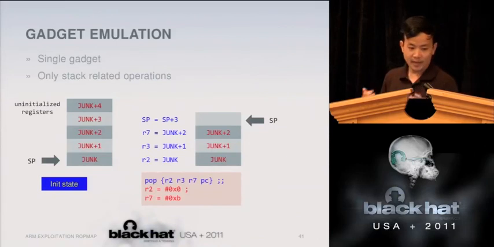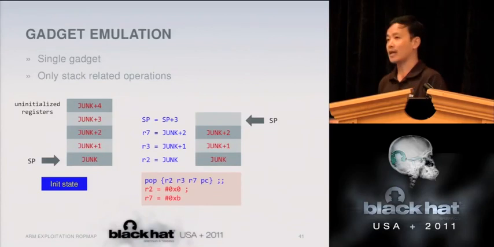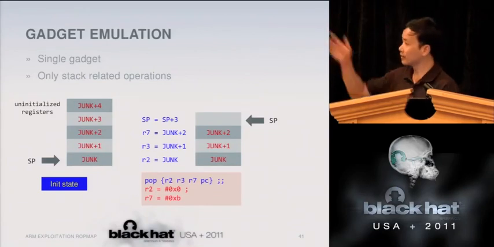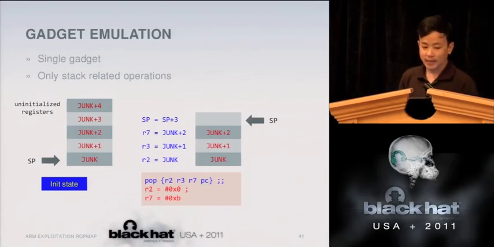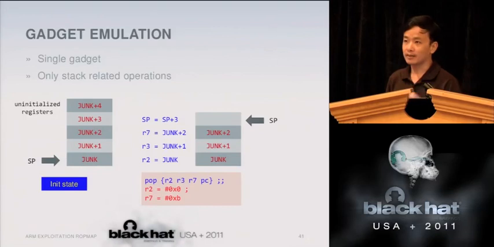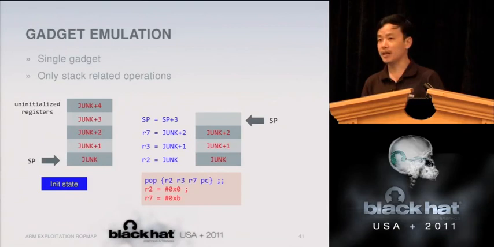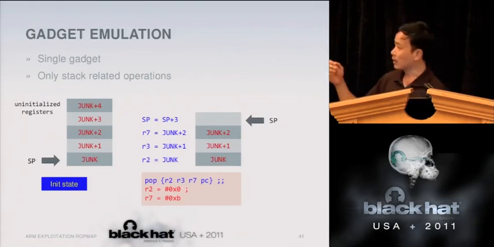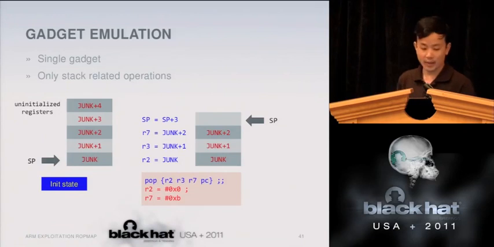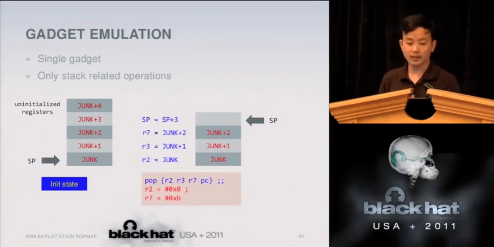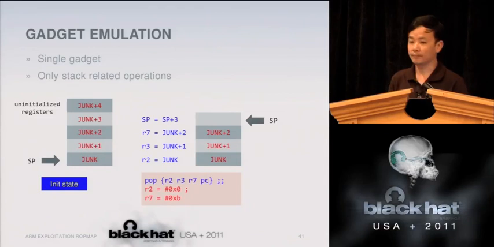Next, we do the gadget emulation. We do it for every single gadget, and we repeat the above step for every gadget, focusing just on stack-related operations like pop, load, add SP, something like that. First, initially we have a stack with just junk values. And every register is free, uninitialized.